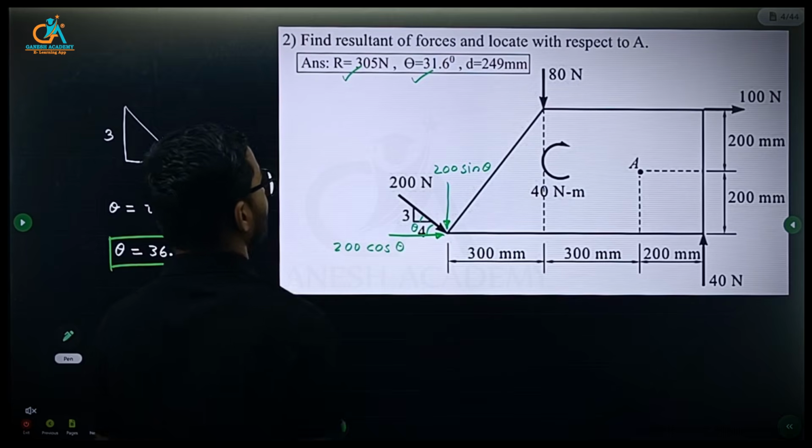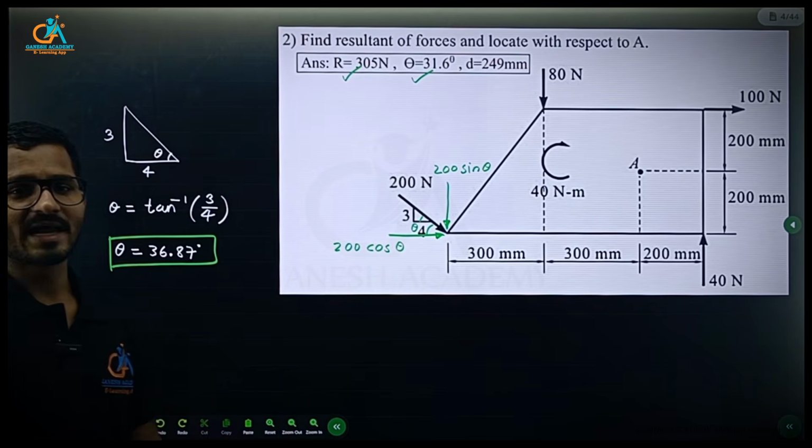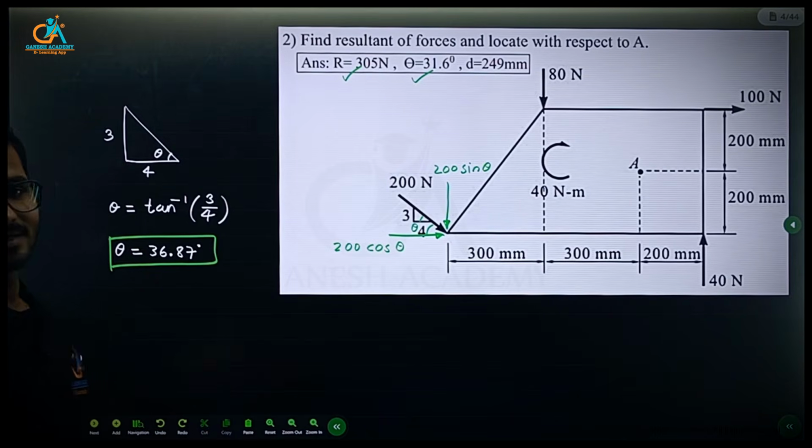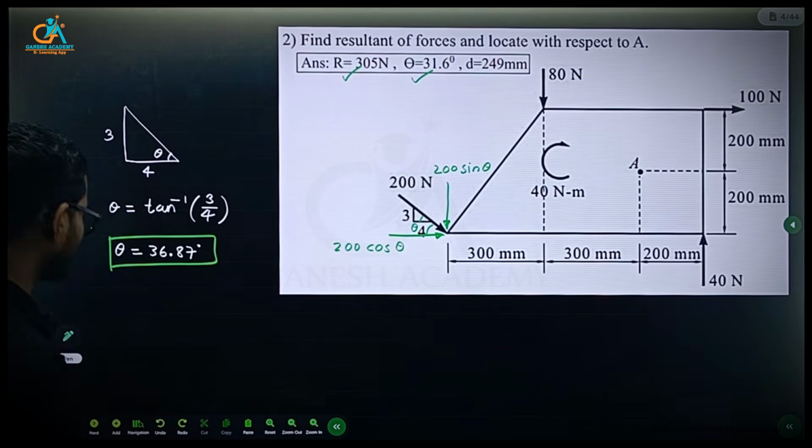Yes, this is again correct. They have considered the angle as theta. You don't need to consider any particular notation; you can use any notation.